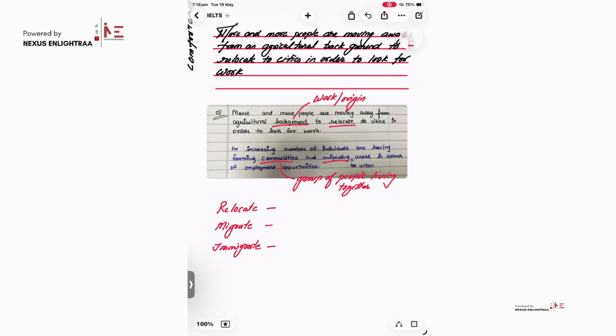Immigrate, for example, if you're moving into a country. There's a lot of background noise. I can hear you, but I'm not able to understand you. So now is it better?